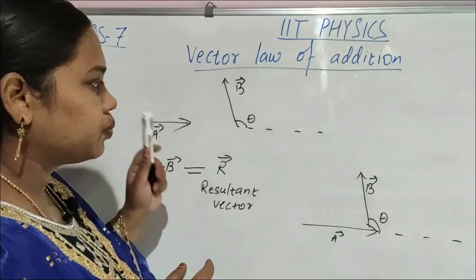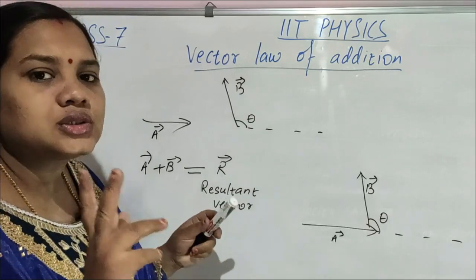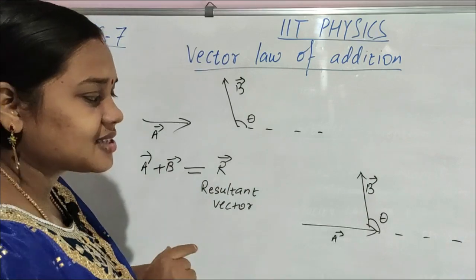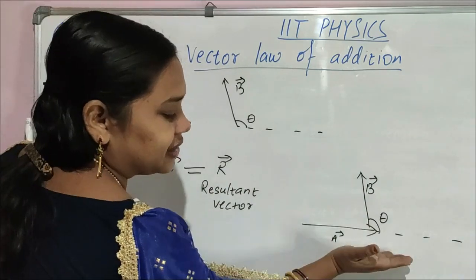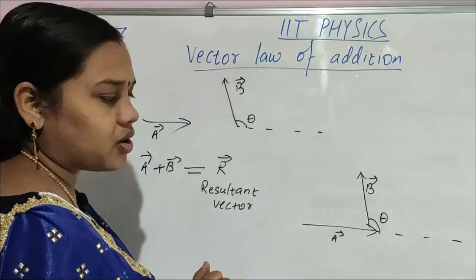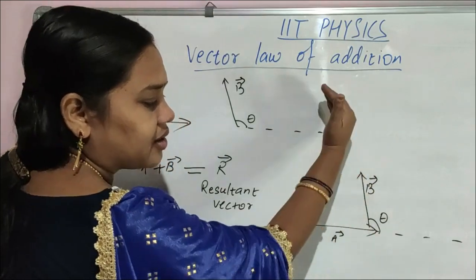So you see both the vectors are acting as the two sides of a triangle, and they are combined in the same order. See, A vector is going like this, B vector is going like this.